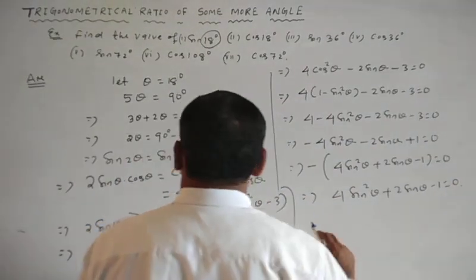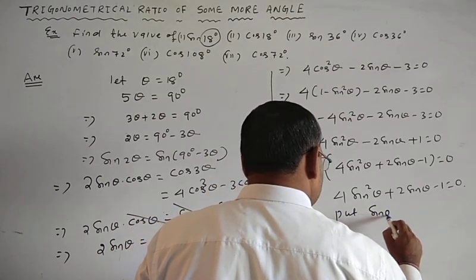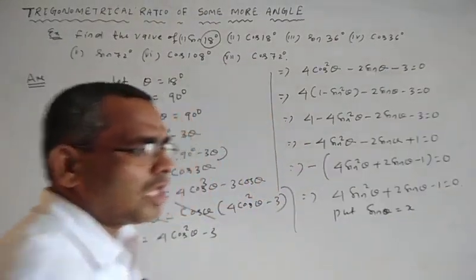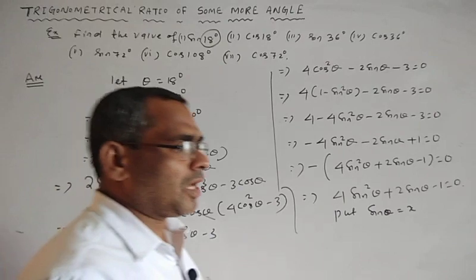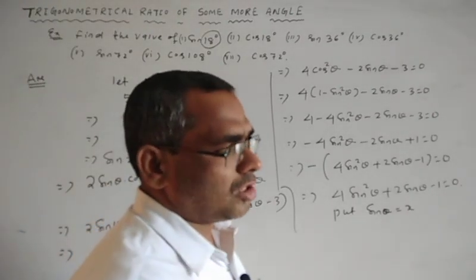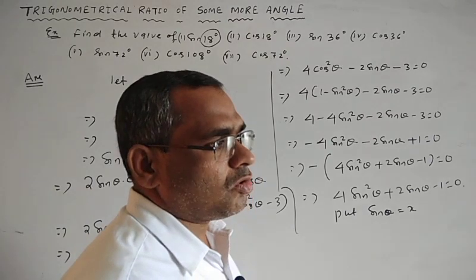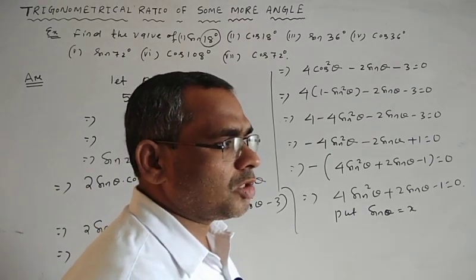First we put sin theta equal to x, because this is a quadratic equation, and you know how to solve a quadratic equation by factorization or by using the formula. x is equal to minus b plus or minus root of b square minus 4ac by 2a.